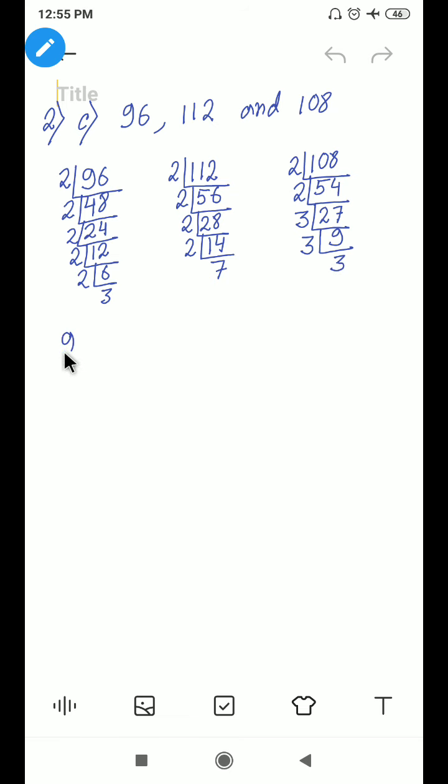Now 96 you can write this way. How many 2s are there? 1, 2, 3, 4, 5. So 2 into 2 into 2 into 2 into 2, and there is one 3. Now 112 is given.